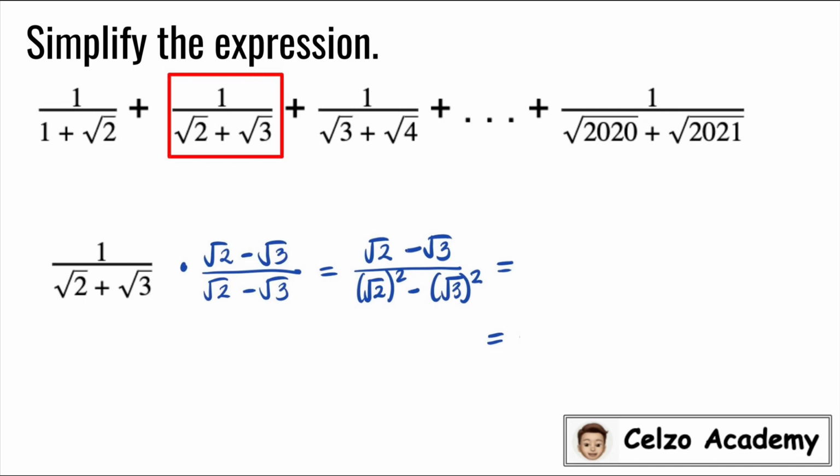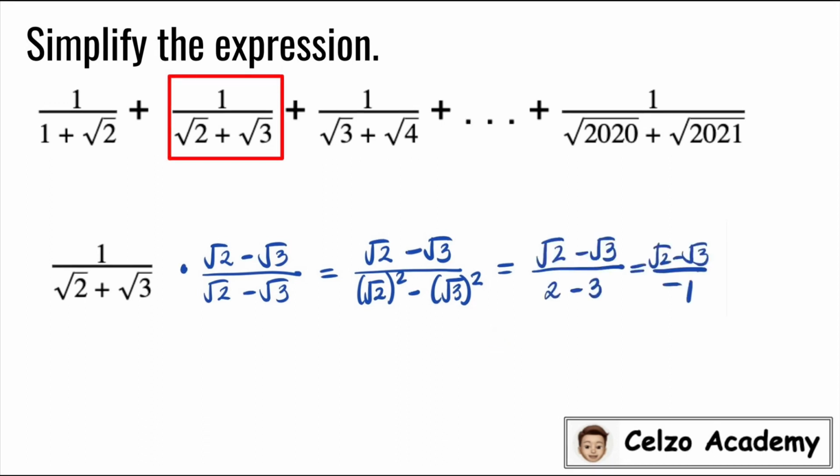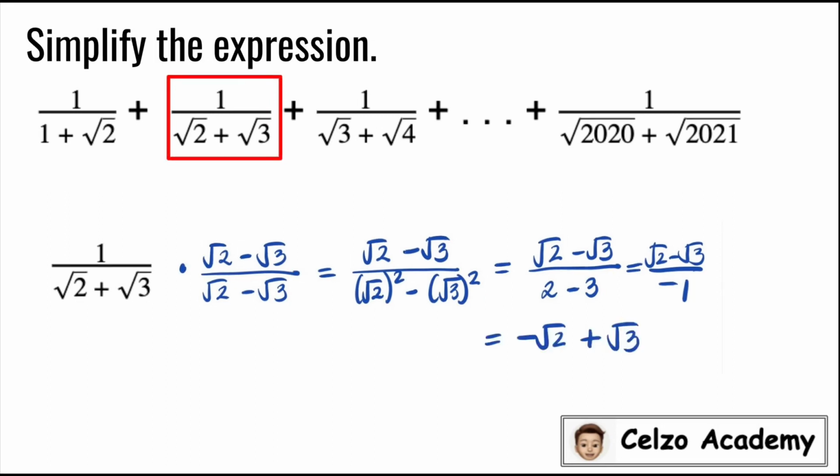For the denominator, we have the product of sum and difference, so we have square root of 2 squared minus square root of 3 squared. Simplifying this further, the denominator is the same thing as 2 minus 3, which is also -1. So the simplest form of the second fraction is -root 2 plus root 3.